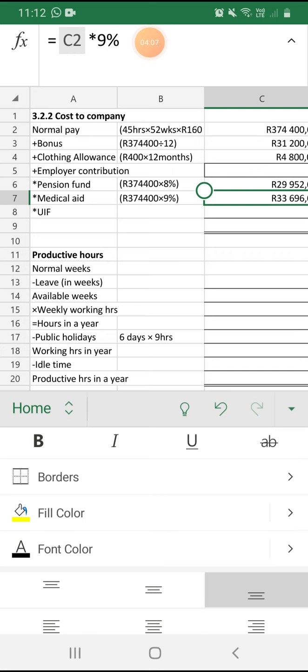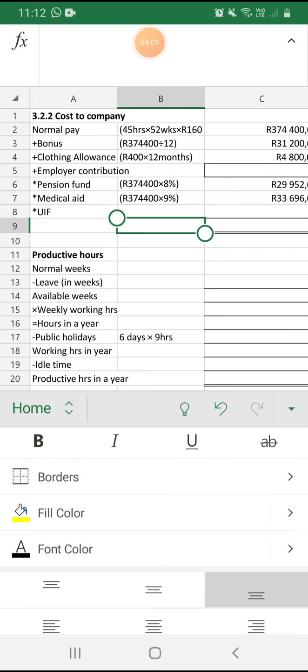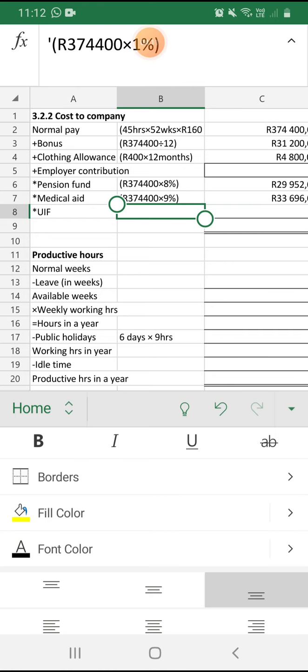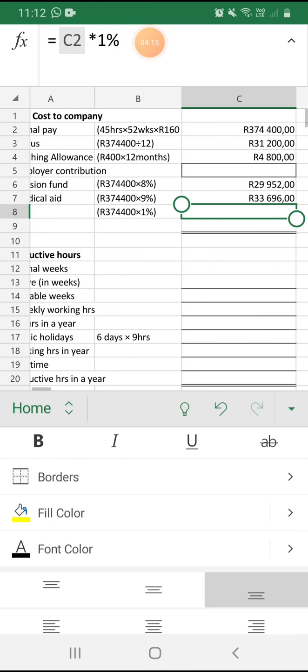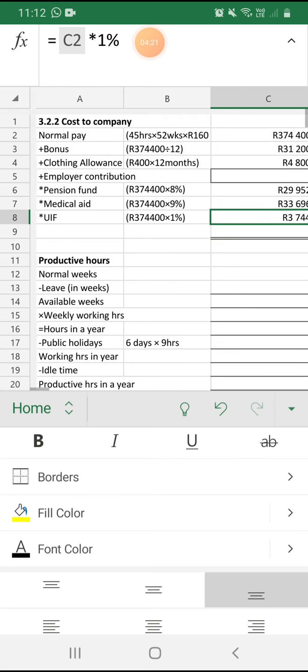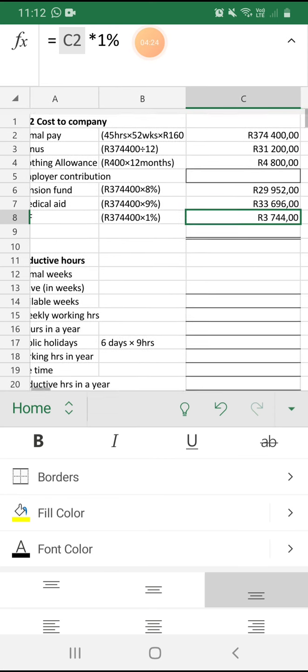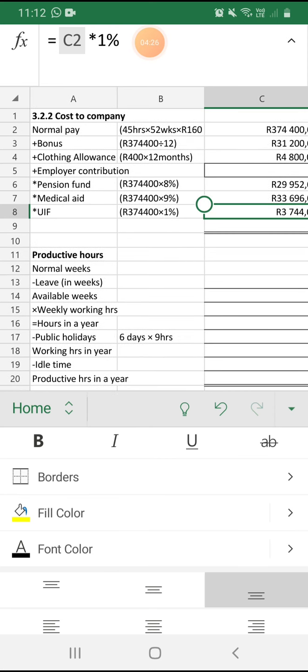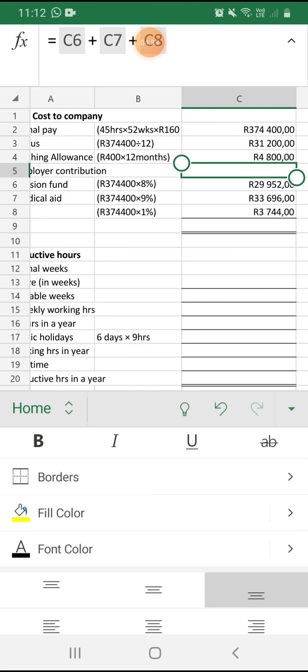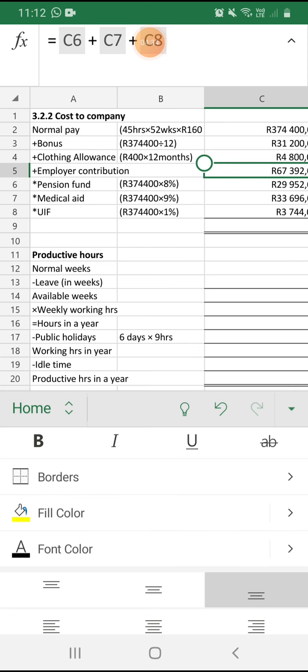Another deduction that we had was the unemployment insurance fund, and the employer contributes 1% to the fund, which will then give you 3,744 Rand. Therefore, we need to add up all these employer contributions. So you'll add up your pension fund, medical aid, and UIF, and that will give you a total of 67,392 of employer contributions.